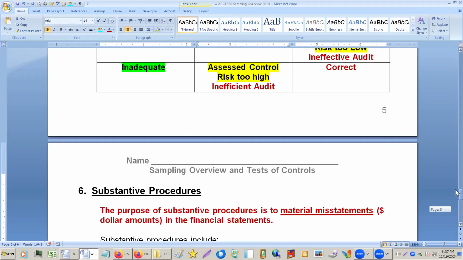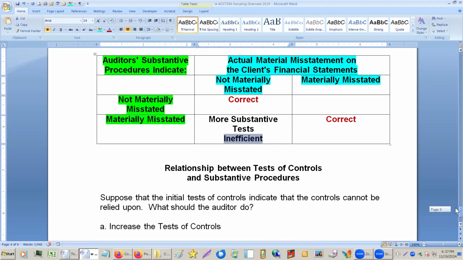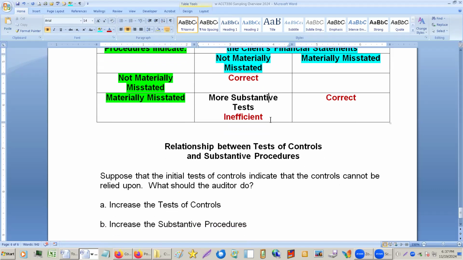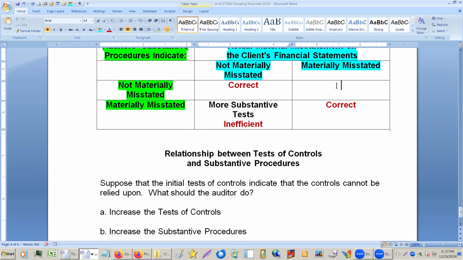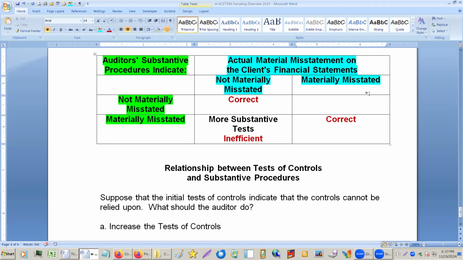How do I mark it up here? Red. Okay. Now, if we think they're not materially misstated when they actually are, this means not enough substantive testing.